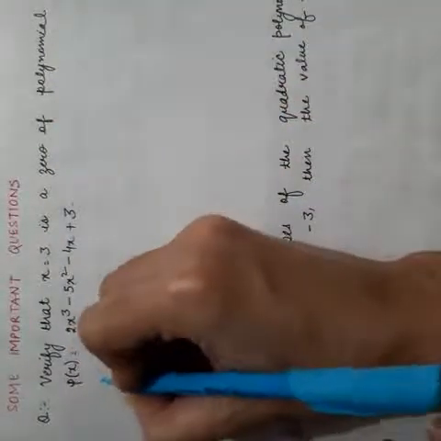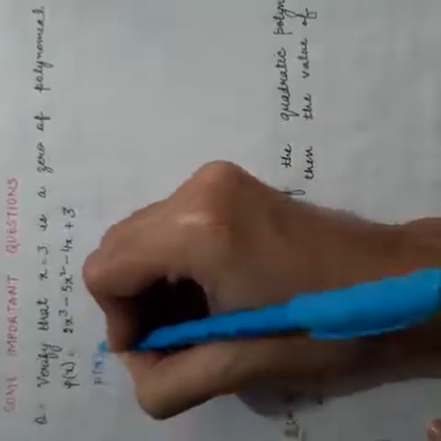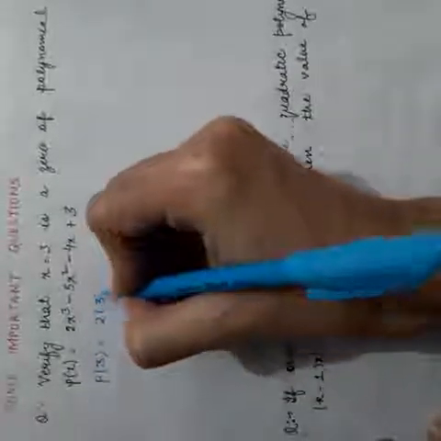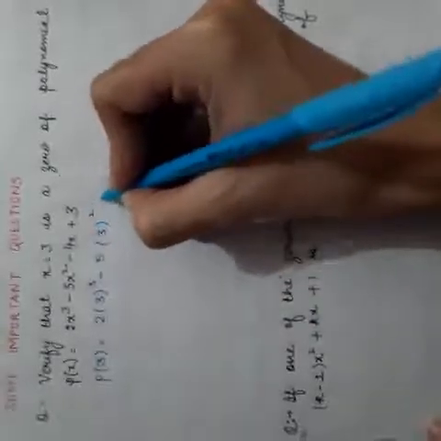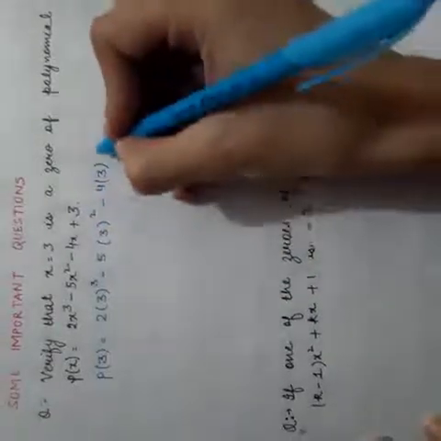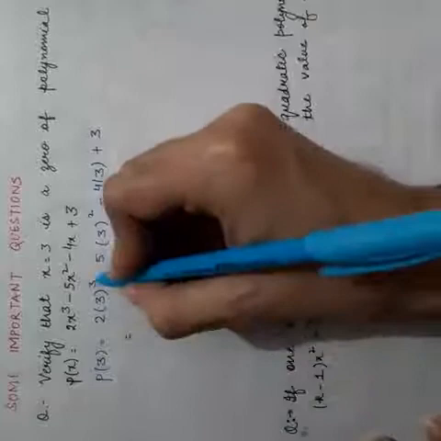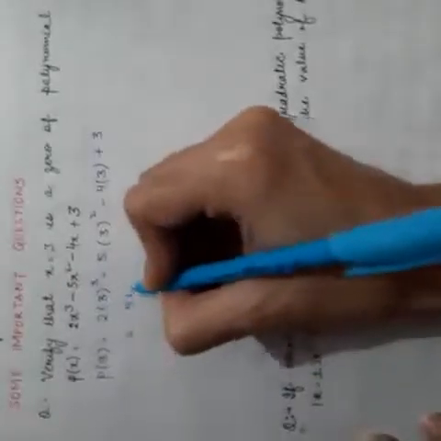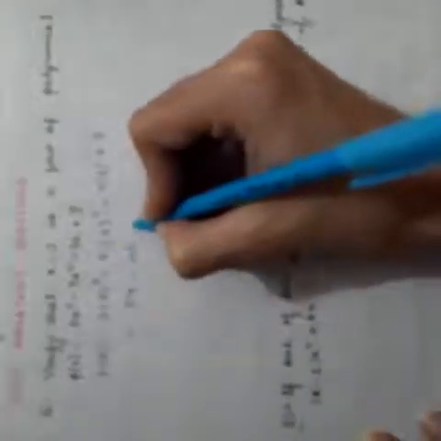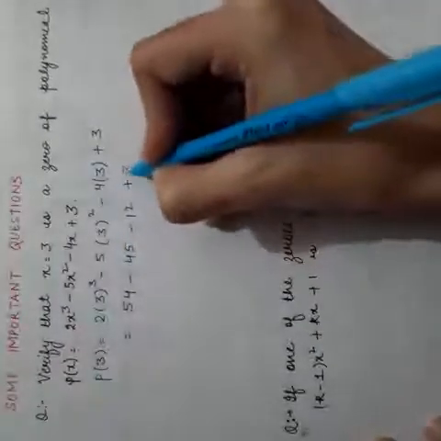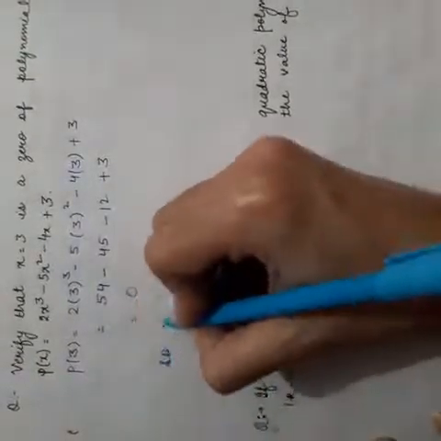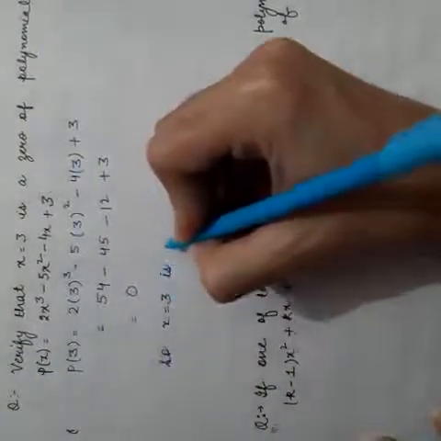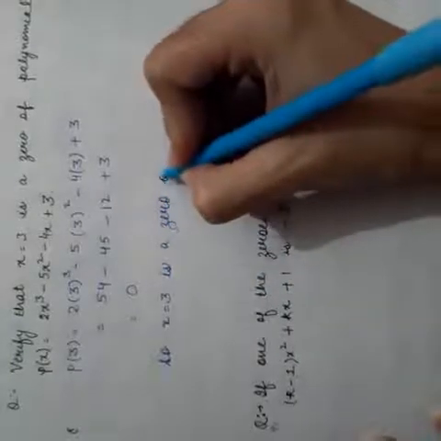That means when we put x equal to 3 in the polynomial, on solving, the answer should come out to be 0. If you solve it, you can carefully see that the answer comes out to be 0. So x is equal to 3 is a zero of the polynomial.